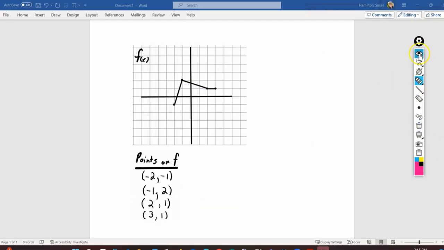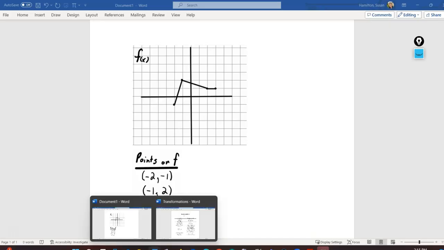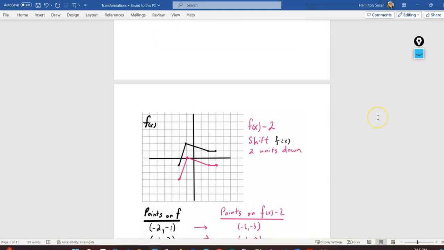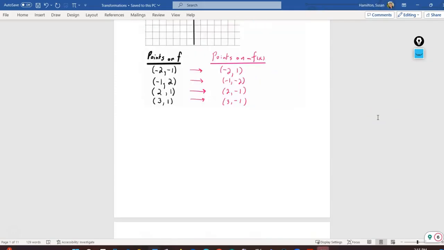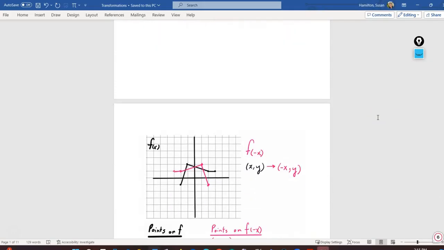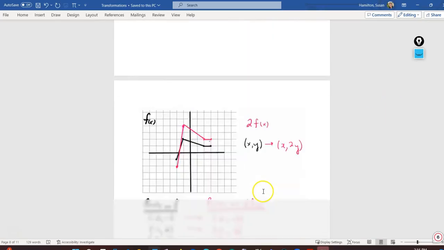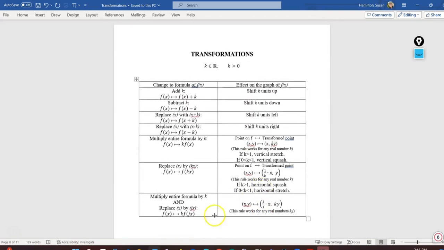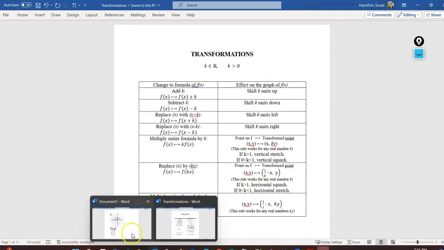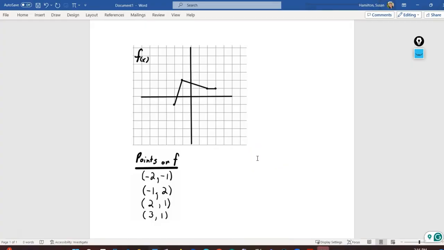All right. So now let's come down. We've done a lot of these. What if we want this one, f of x minus 2 plus 3?